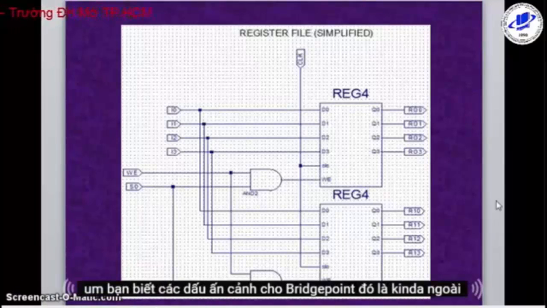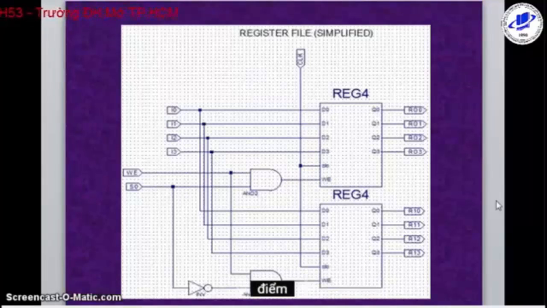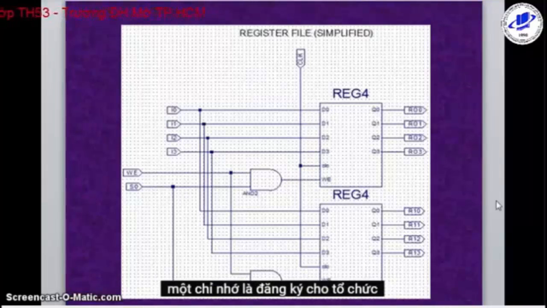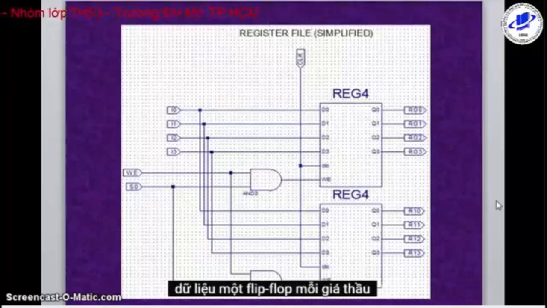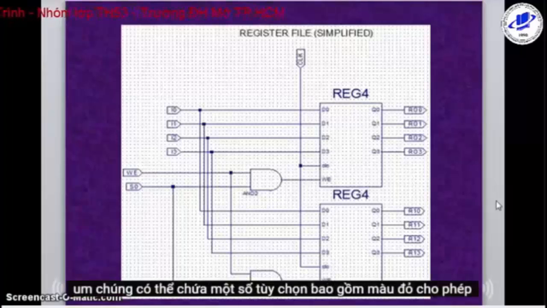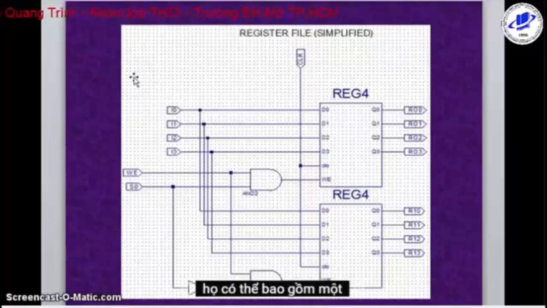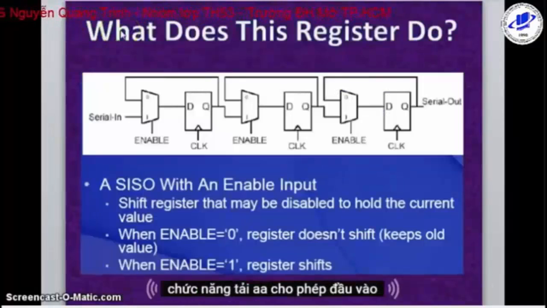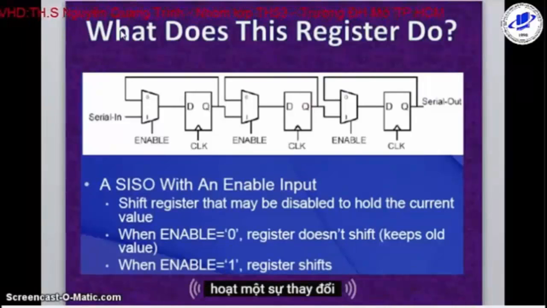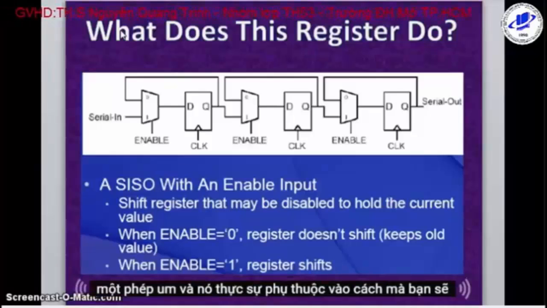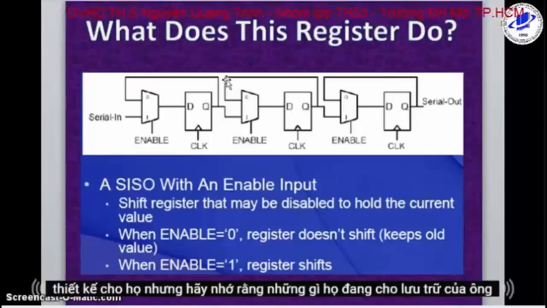You would obviously need a mux for a bridge point, but that's kind of beside the point. Just remember, registers are for holding data, one flip-flop per bit. They can contain several options, including write enable, a load function, an enable input function, a shift enable, and it really depends on the way that you design them.